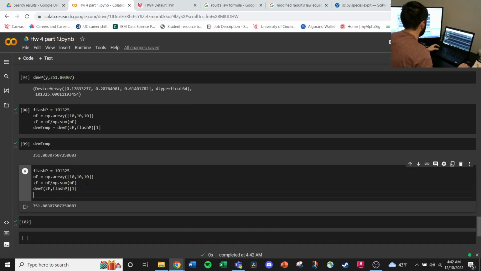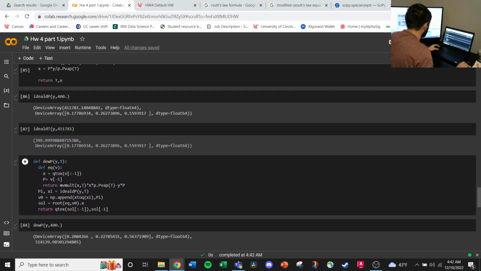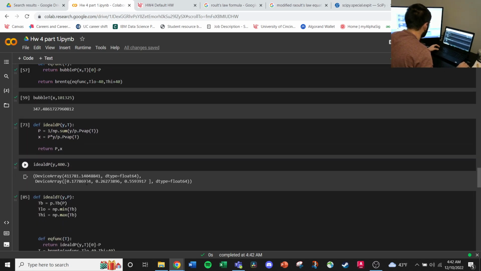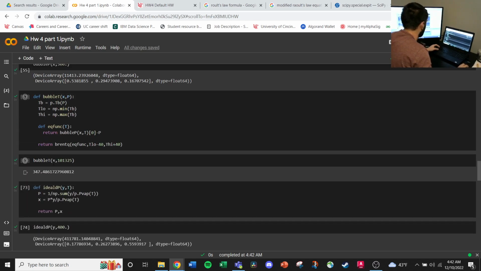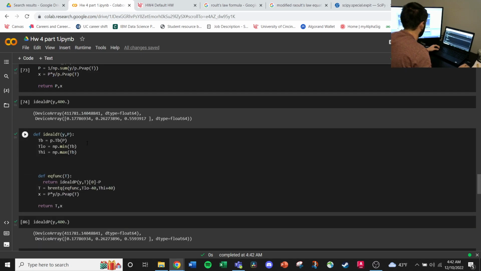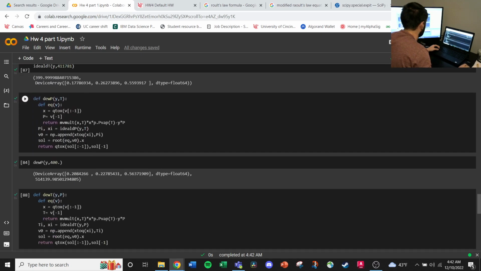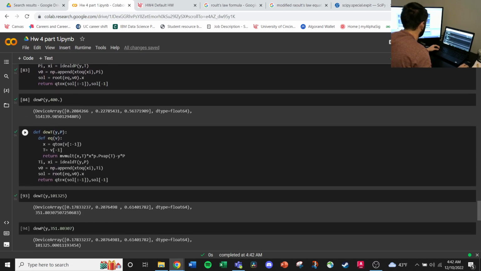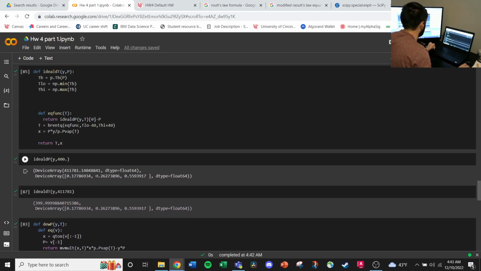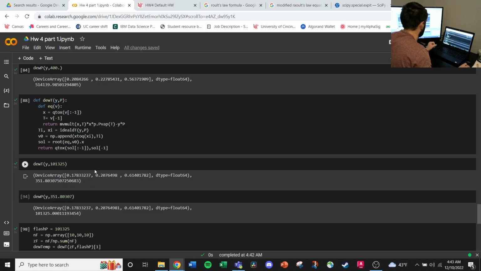And then bubble temperature, I did this one a while ago. Let's see, what did we call it? Bubble T. And that one just returns the temperature. If we take a look at the dew one, yeah, we're returning 2 values here, where the bubble just returns the 1 temperature.